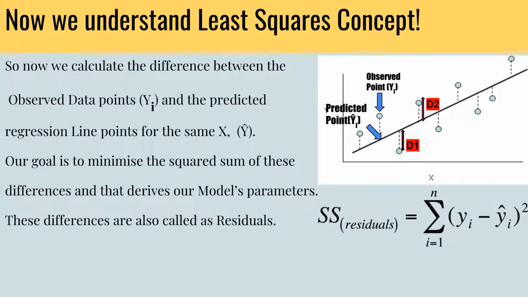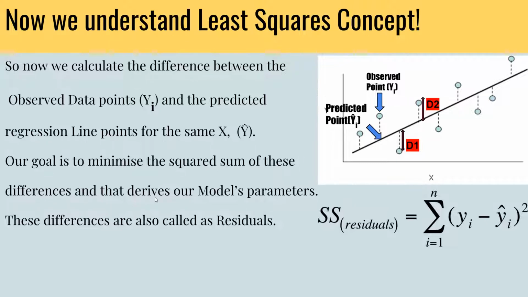Now let's try to understand the least squares concept in general. In the least squares concept, we are trying to calculate the difference between the observed data points yi and the predicted regression line points for the same x, y cap. Our goal is to minimize the squared sum of these differences, and that, my friends, is going to derive our model's parameters. Now what is the regression model?